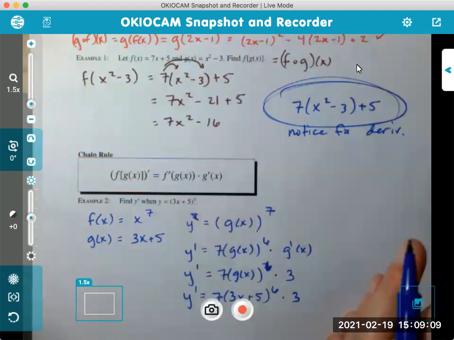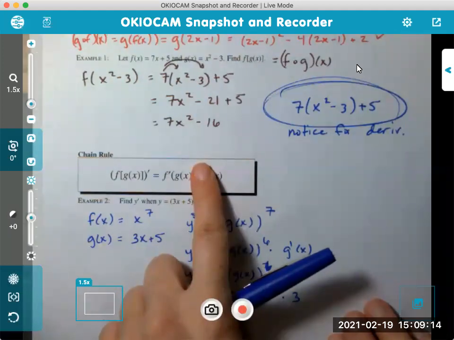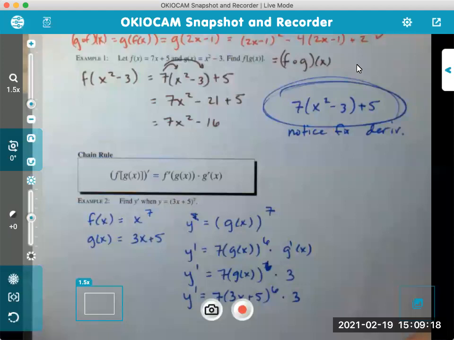So outside, inside. Only one derivative at a time. Trust me, when things get a little more complicated, you will feel the urge to keep taking derivatives all the way down. So all in all, we have 21 times (3x plus 5) to the 6th. And you've just done your first chain rule. Yay!